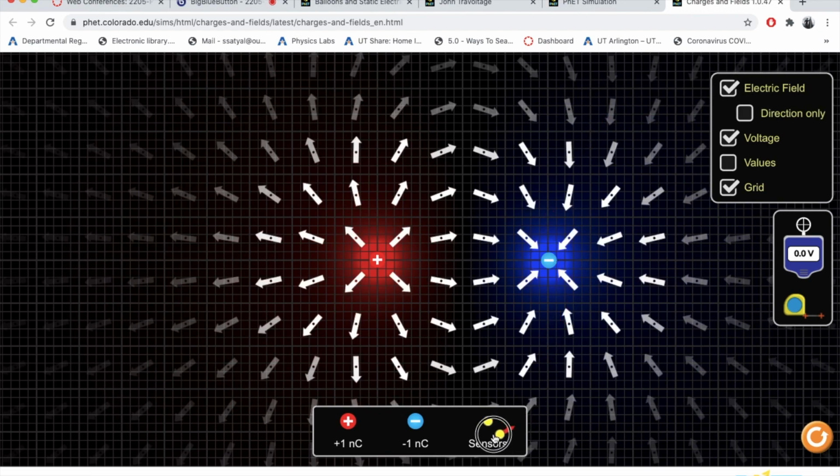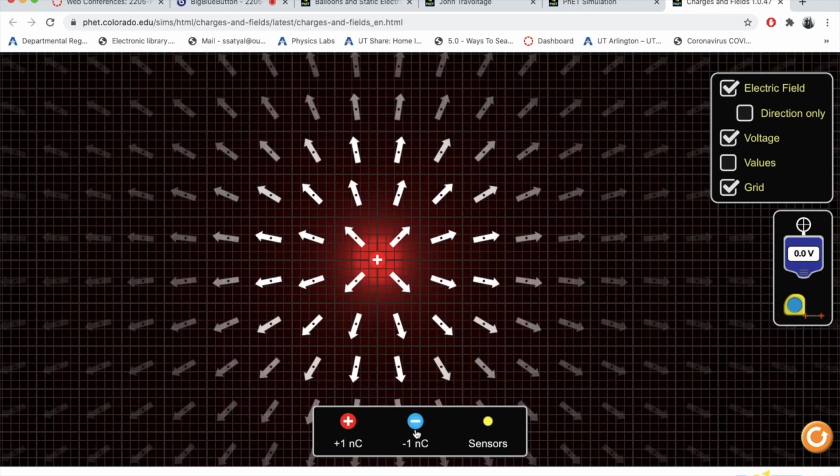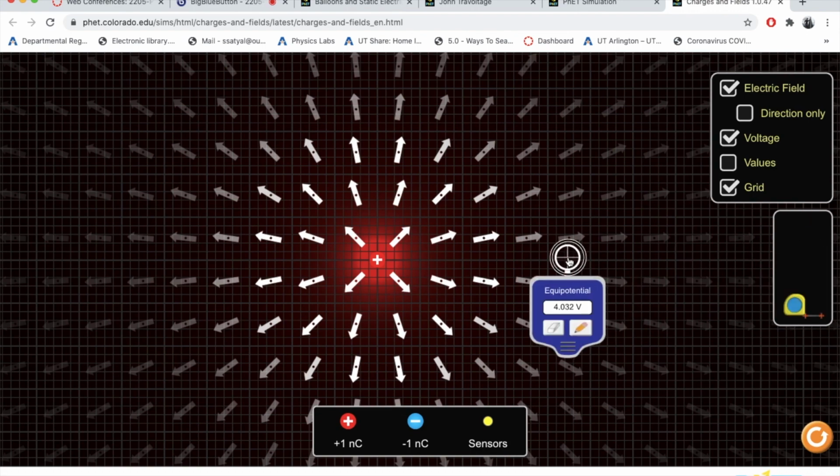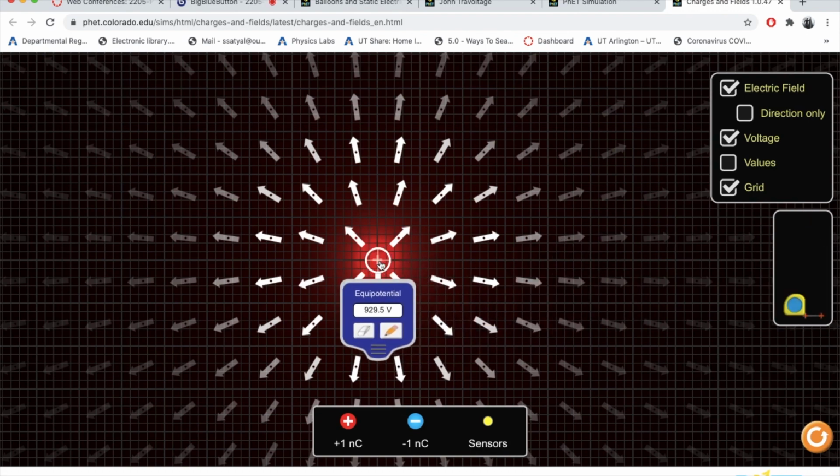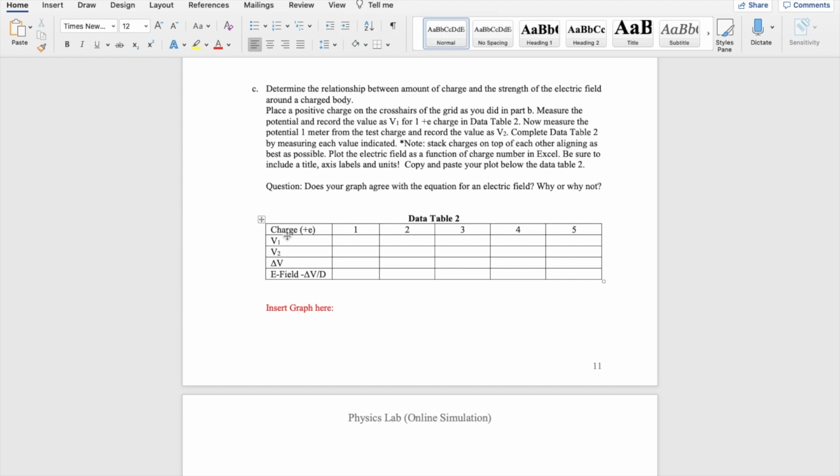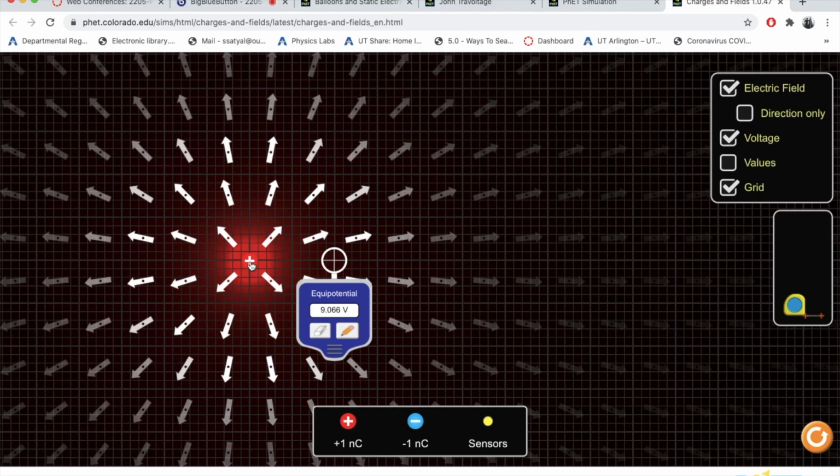That's my sensor, and there is one charge. I can bring my voltmeter and measure the voltage there for different numbers of charges. I'll be measuring the voltage difference, which is delta V, from V2 minus V1. So this is my first charge.